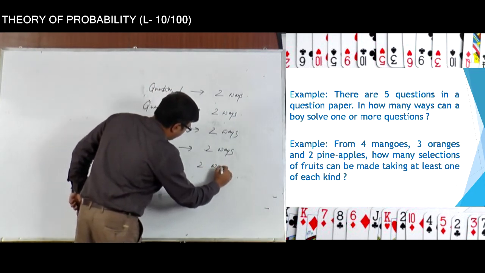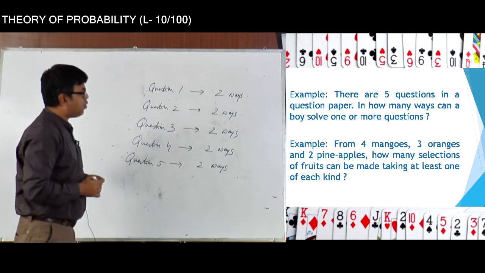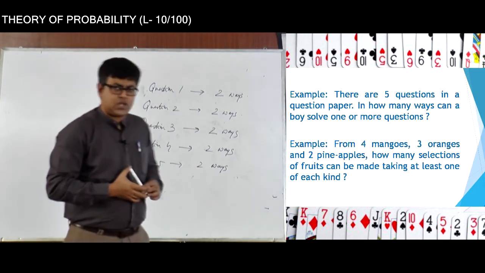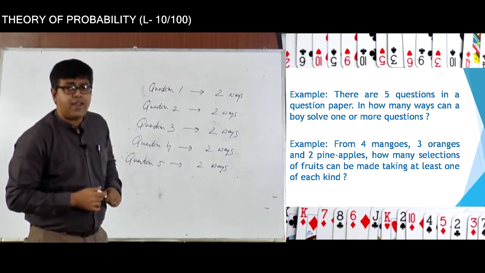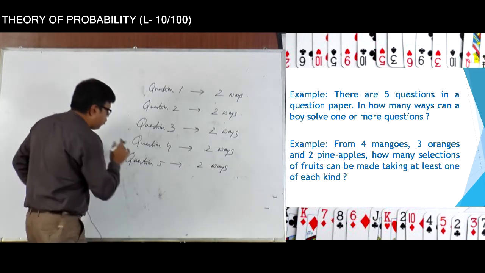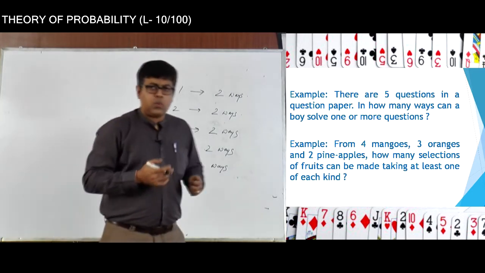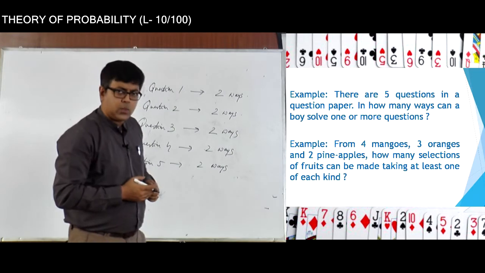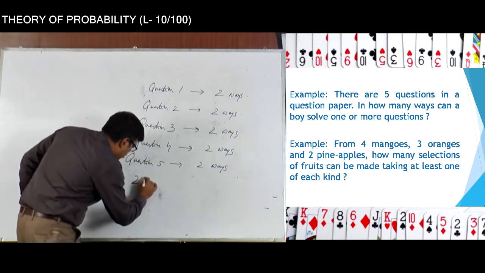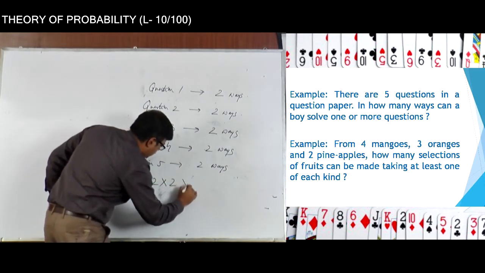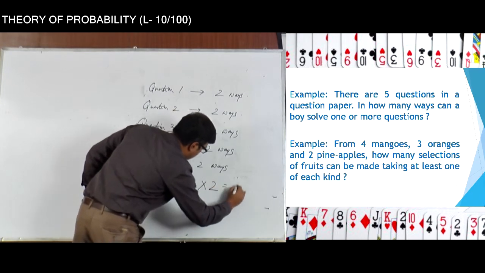So he can dispose these 5 questions in 2 to the power 5 ways. The total number of ways will be 2 into 2 into 2 into 2 into 2, which is 2 to the power 5.